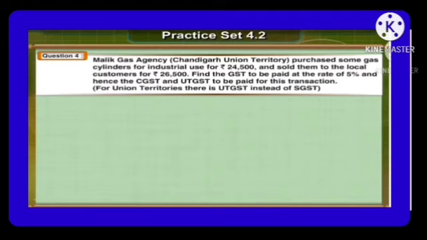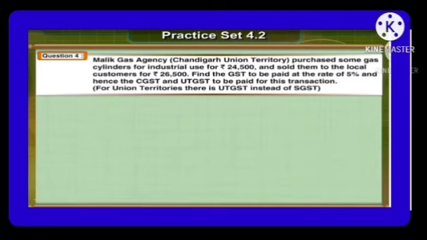Question number 4. Malik Gas Agency, Chandigarh Union Territory, purchased some gas cylinders for industrial use for rupees 24,500 and sold them to the local customers for rupees 26,500.